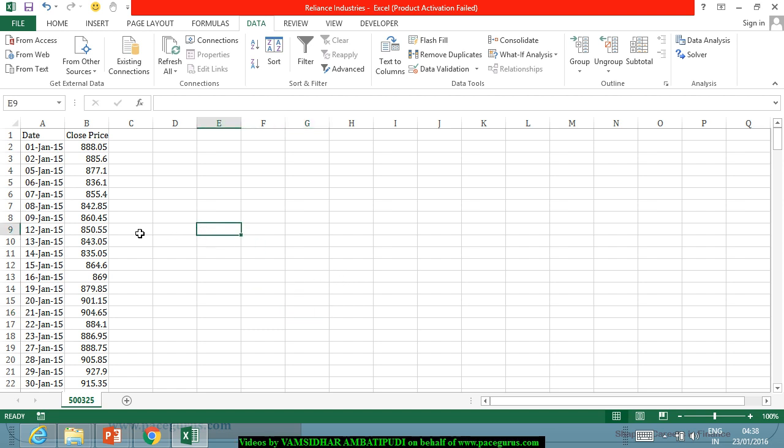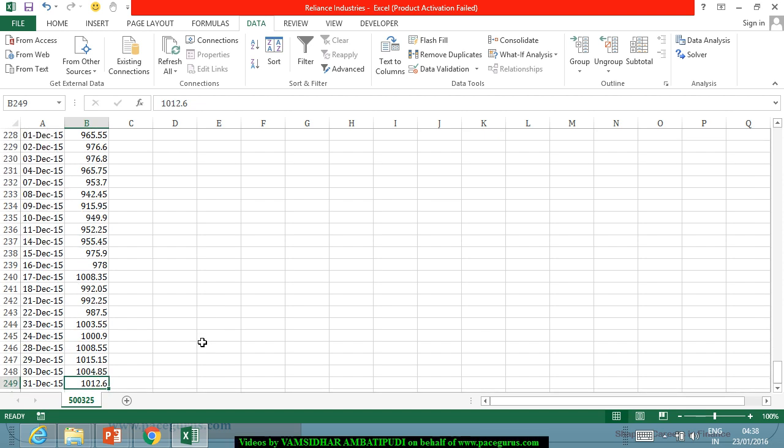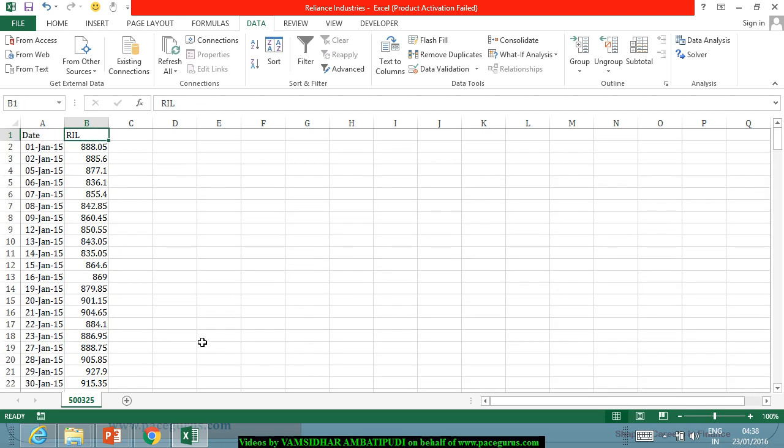Alright, so this is a collection of the closing stock prices. I'll take the closing stock prices day on day, from 1st Jan 2015 till 31st December 2015. Based on this, I'll find out the logarithmic return to start with.